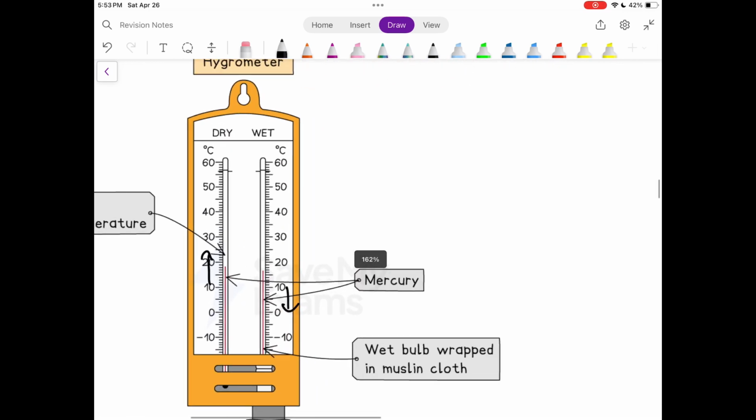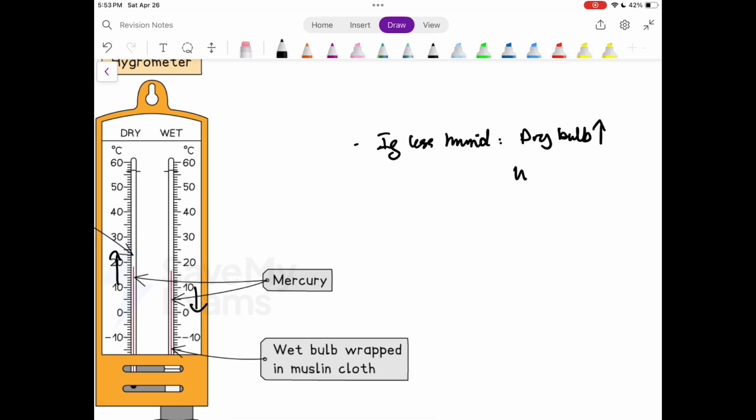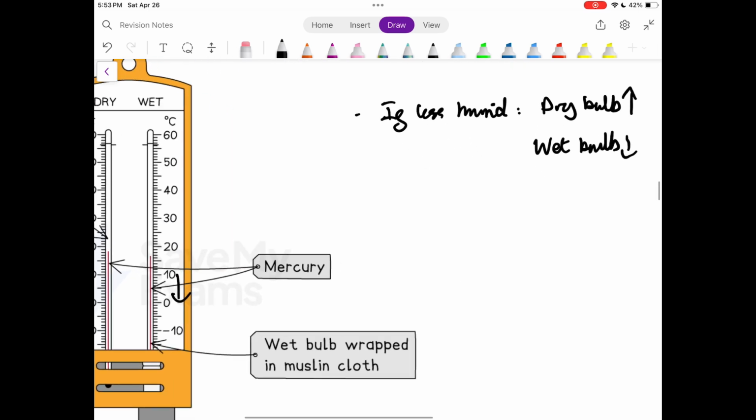So if less humid, the dry bulb will increase, and the wet bulb will decrease. And this happens vice versa.